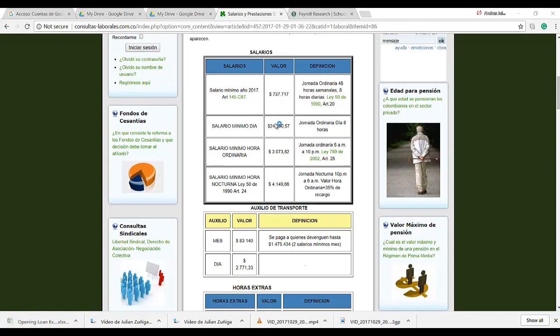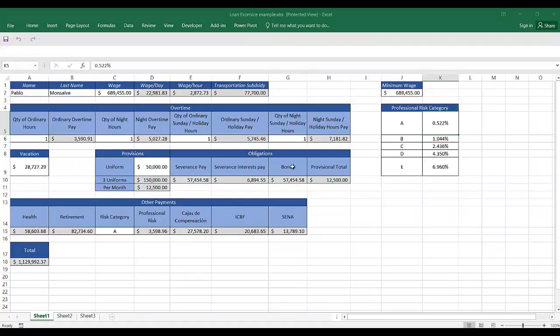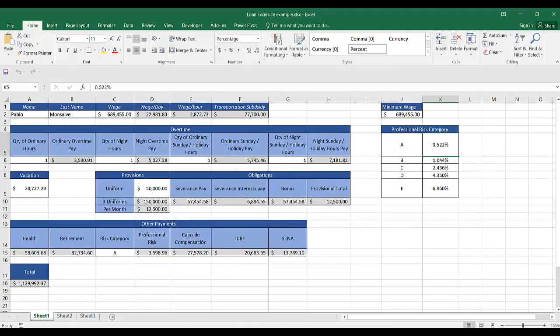Let me show you what you are going to look at for the next activity. Okay, you are going to develop a payroll very similar to this one, okay, where you have to create the name, the last name, the wage per day, which is, as I said, divided by 30, the wage per hour, and the transportation subsidy in case this person receives transportation subsidy, the amount of hours, okay, of ordinary hours.